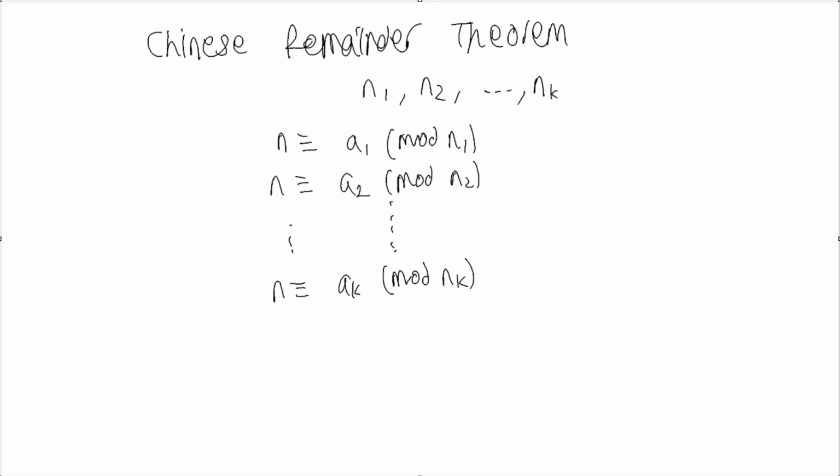And notice that the Chinese remainder theorem does not tell us what the number n is. So we don't know what it is, but the only thing that matters is that it exists. And this makes it especially useful for construction problems.